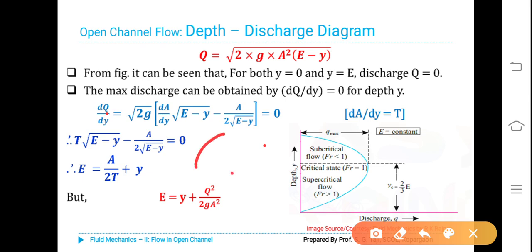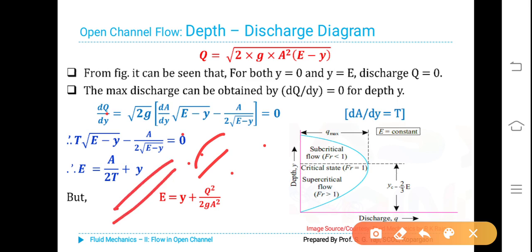Therefore, T multiplied by the square root of (E minus y) minus A by 2 root (E minus y) is equal to 0. If you differentiate, you will get, therefore, specific energy E is equal to A by 2T plus y.